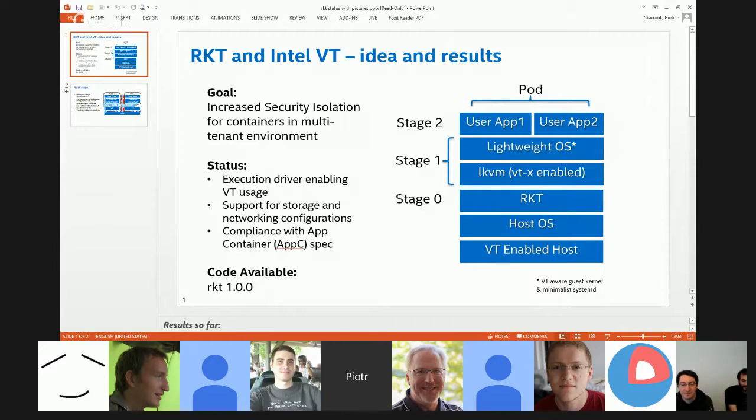This work can be found in a PR, which is public. And we are also working on tools which could be used in future to check if Rocket, not only the KVM flavor but any flavor, has regressions in the performance area, basically in startup time and memory or CPU usage.